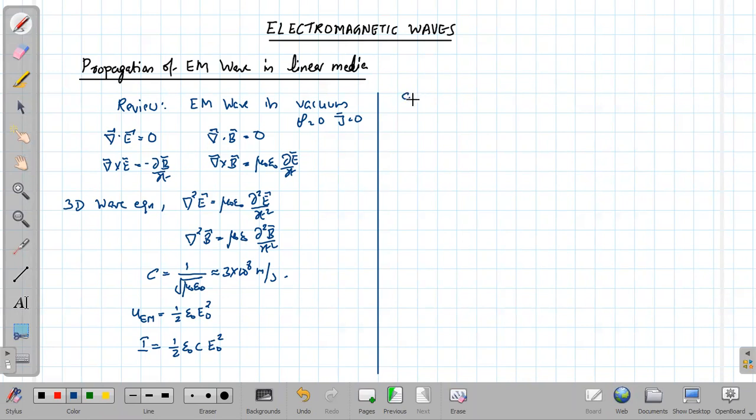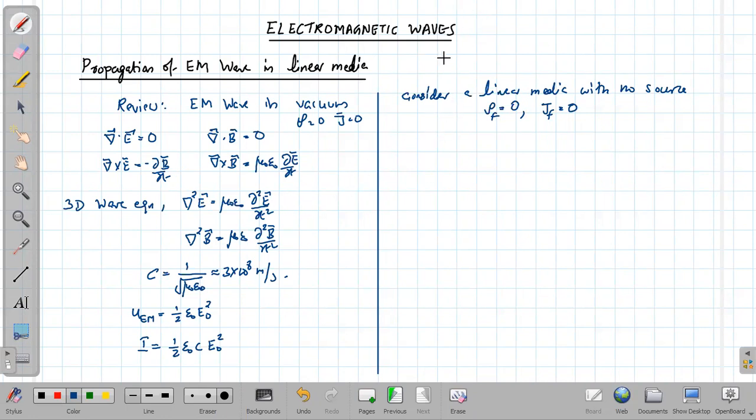So consider a linear media with no source. The free charge density is taken to be 0, and the free current density is taken to be 0. There may be bound charges and bound currents as well, but there will not be any free charges and free current.